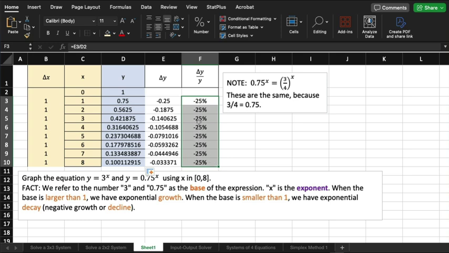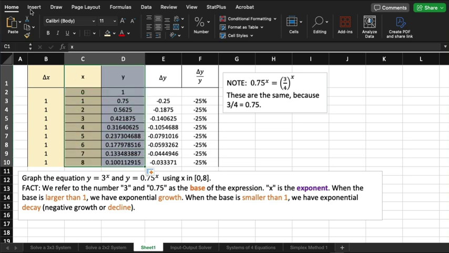It's 25% decline. And the reason why it's 25% is because the base 0.75 is 1 minus 0.25. So that's the way you get that: 100% minus 25% is 75%. Okay, what you end up with.